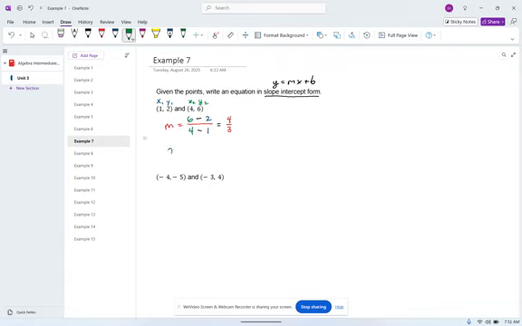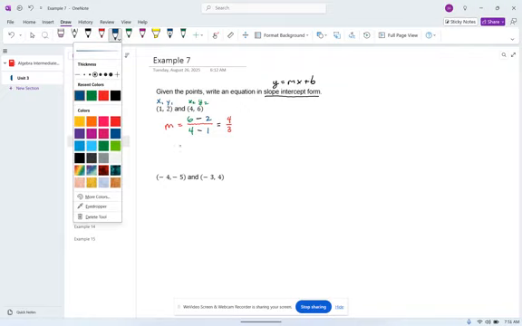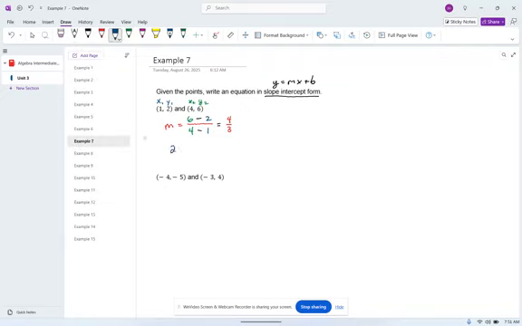So I'm going to have 2 equals 4/3 of 1 plus b.